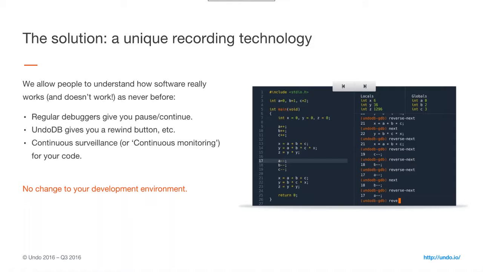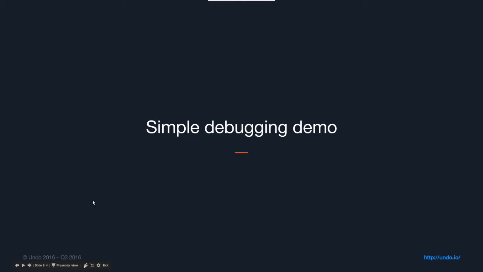UndoDB gives you the facility to actually go backwards in time through your execution. In the automated environments, you can think of it as continuous monitoring of your code. It just gives you that track of recording, if you like, of what's actually happened in your application. And I should note at this point that just like a normal debugger, we don't require any instrumentation when you build your application. You can just build it like normal, and there's no change to your development environment.